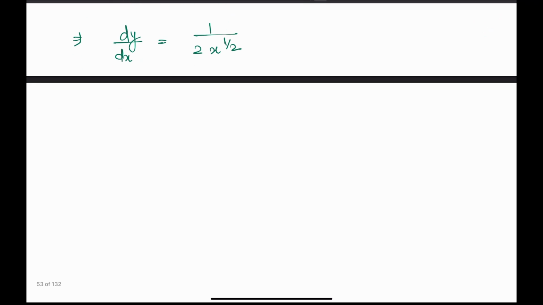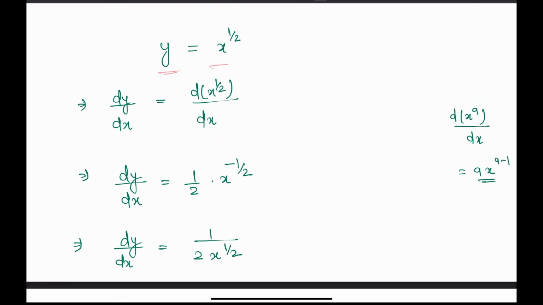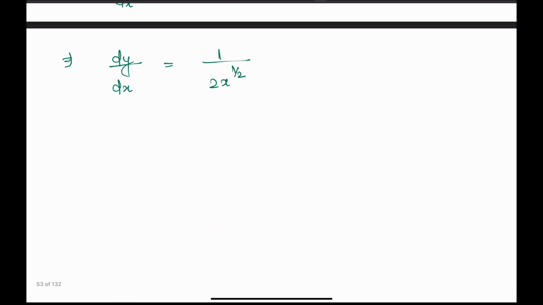Let me just write again on the next page so it is continuous: 1 by 2 x to the power 1 by 2. If you remember correctly from the question, the first equation is written as y equal to x to the power 1 by 2.